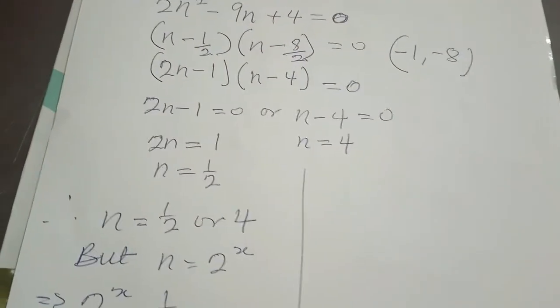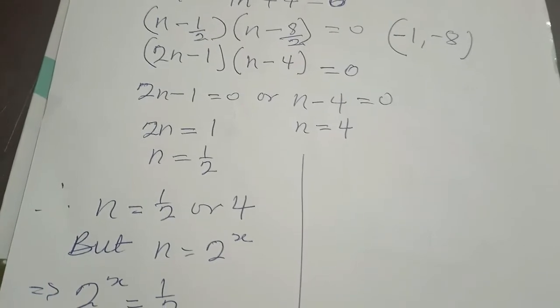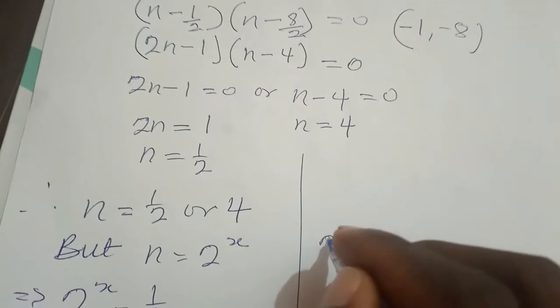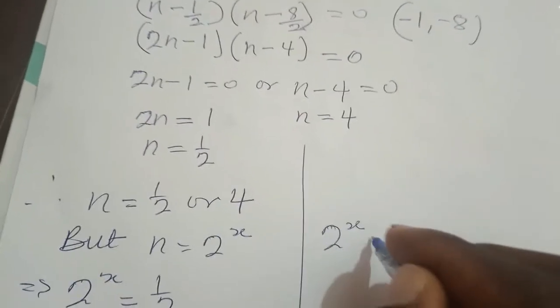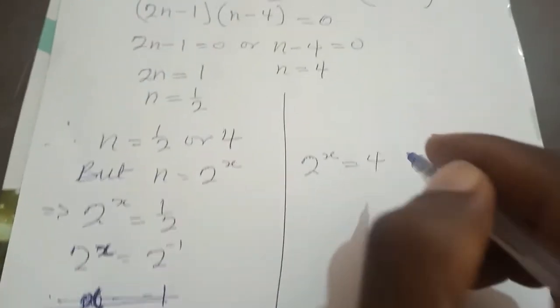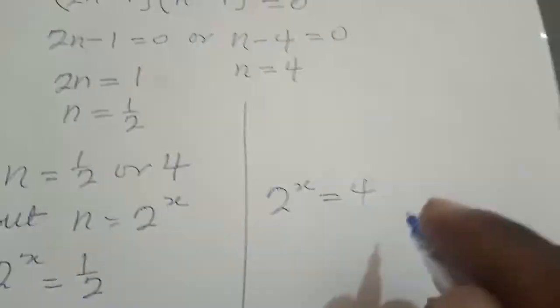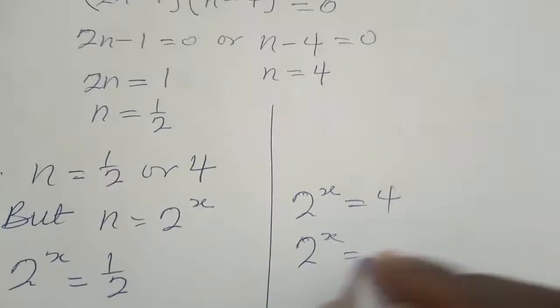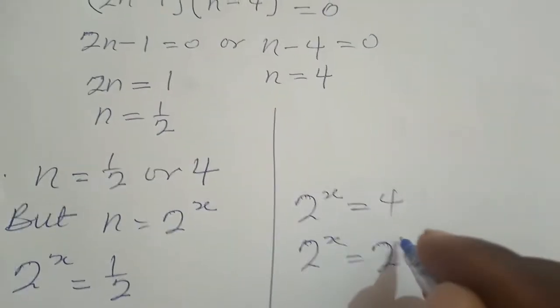Then we go back to the second one. 2^x is equal to 4. We can express both sides to have the base 2. So 2^x equal to 2^2.